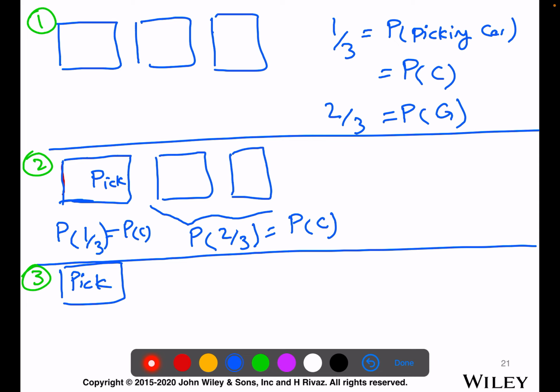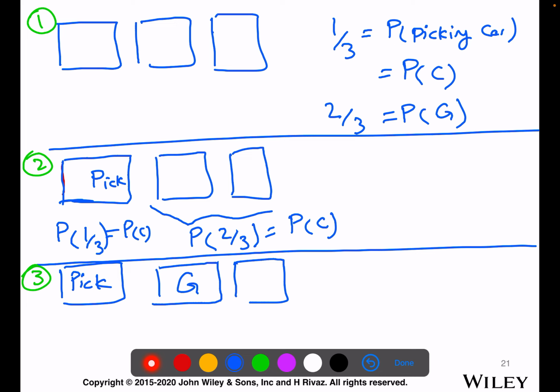And let's say the host reveals this one as a goat, so opens door number 2 and shows that there's a goat. Basically, the host will reveal one of these 2 doors that has a goat. For sure, one of them has a goat because there's only one car.